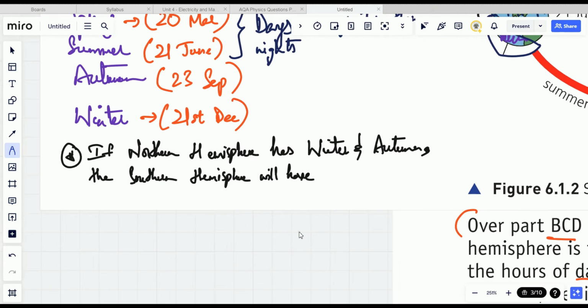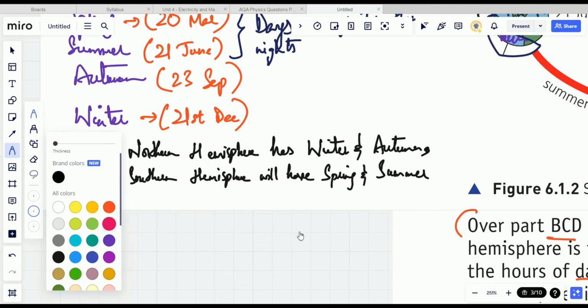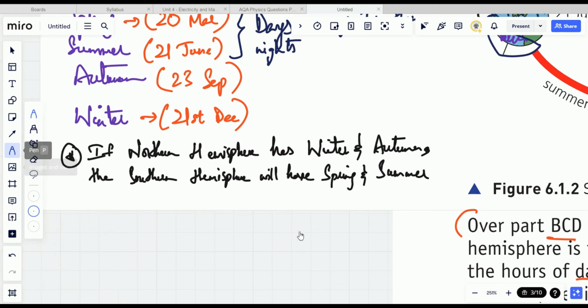Spring and summer. And why is that? Because if the northern hemisphere has winter and autumn, it would mean it is tilted away from the sun.